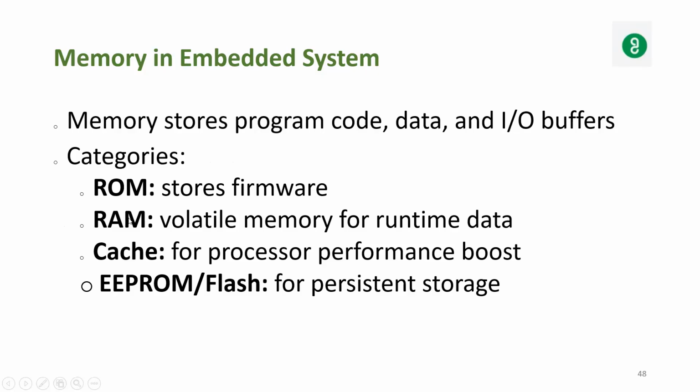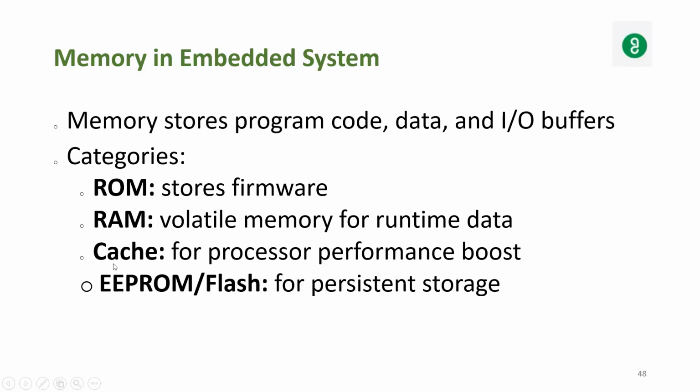If it is random access memory, it is a volatile memory. Whatever data is generated at runtime will be stored in random access memory. Once the system power is switched off, the runtime data of that program will be deleted because it is volatile memory. Once the power is switched off, all the data will get erased.